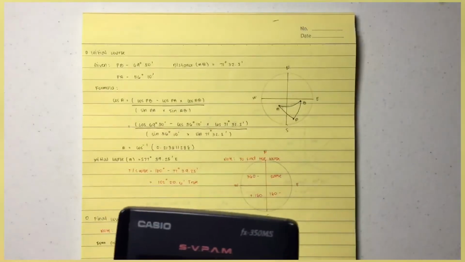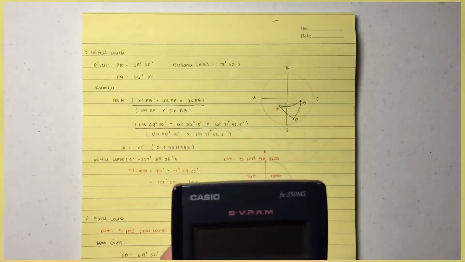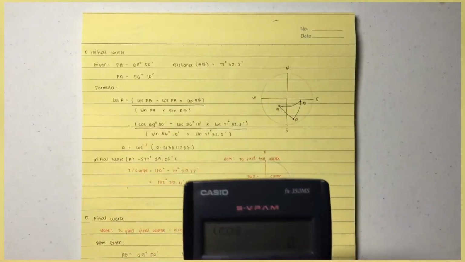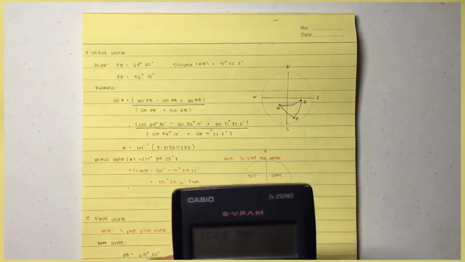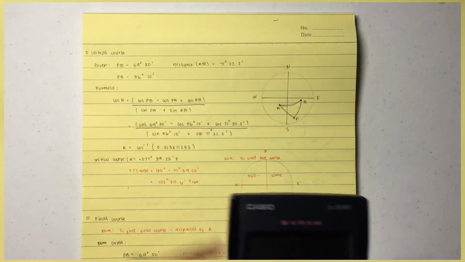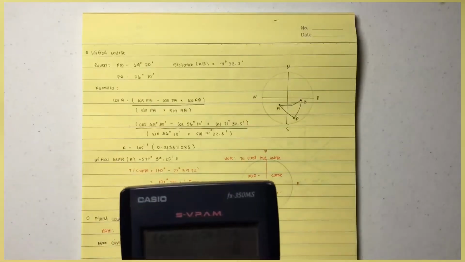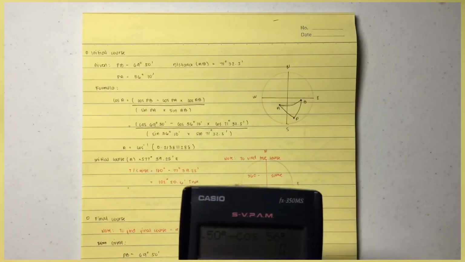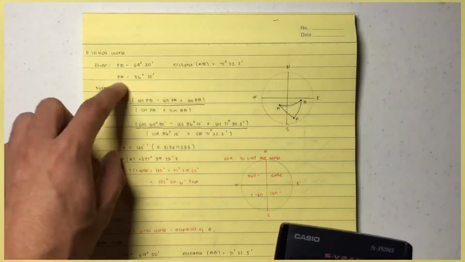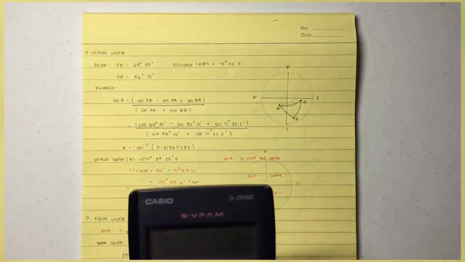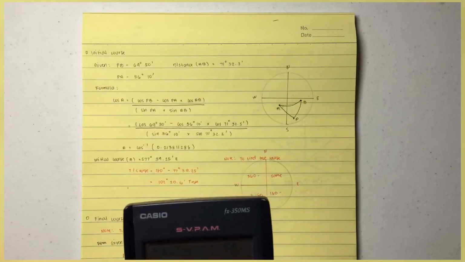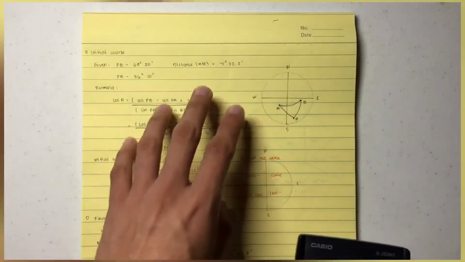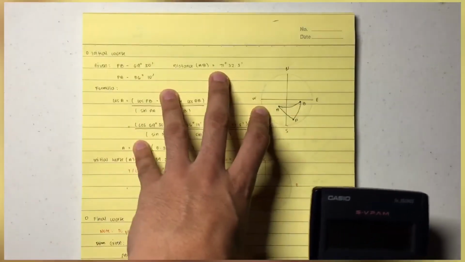Using our calculator, open parenthesis, cosine 69 degrees 50 minutes, which is the PB, subtracted by cosine 56 degrees 10 minutes, which is the PA, multiplied by cosine 71 degrees 32.5 minutes, which is the distance that has been solved.